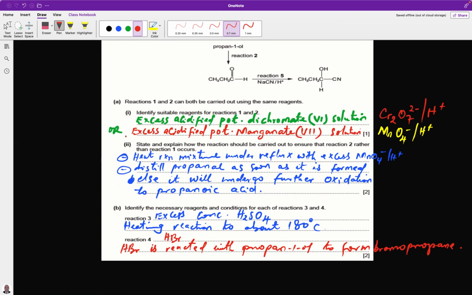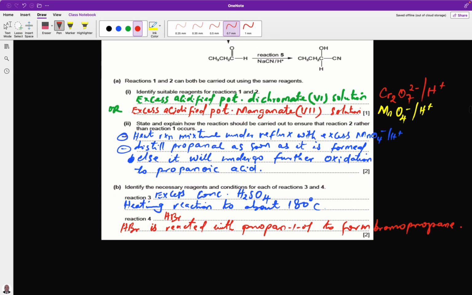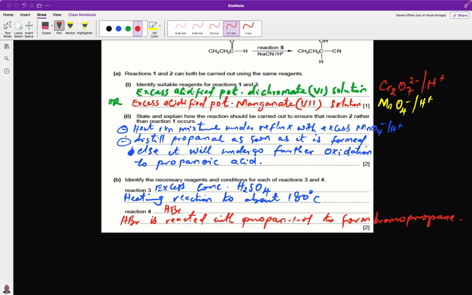Dehydration of alcohol will result in alkenes, with excess concentrated sulfuric acid as the reagent, heated to about 180 degrees Celsius. Halogenation of alcohol is a nucleophilic substitution of the OH group to give a halogenoalkane, using hydrogen bromide as the reagent, reacted with propan-1-ol to give bromopropane.